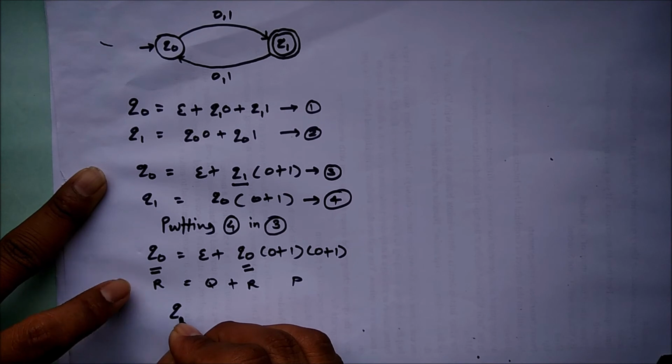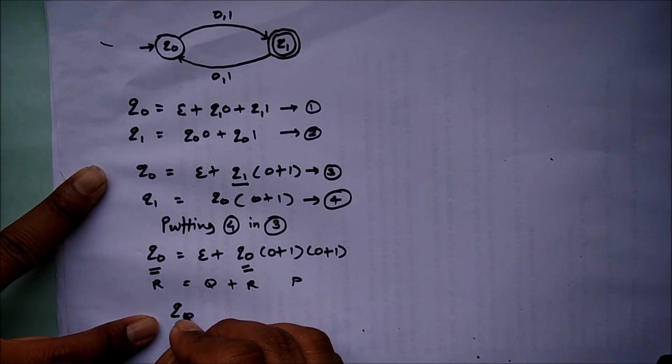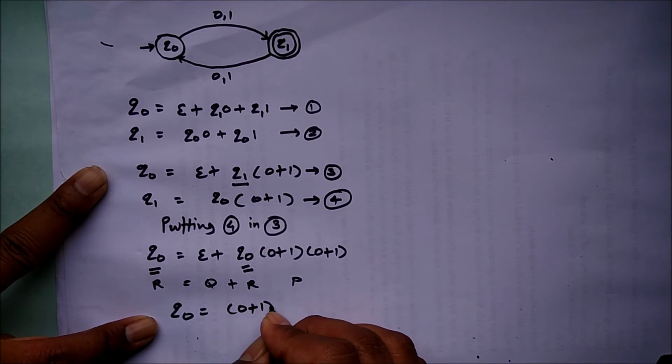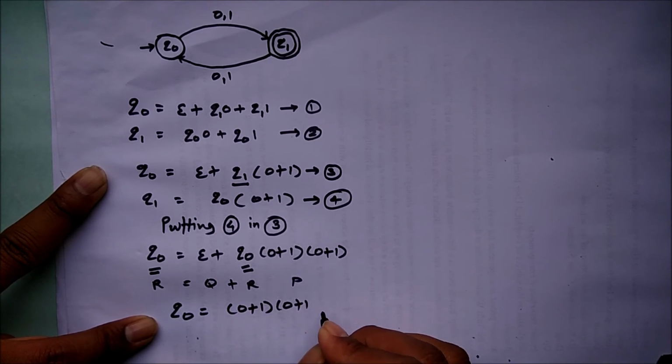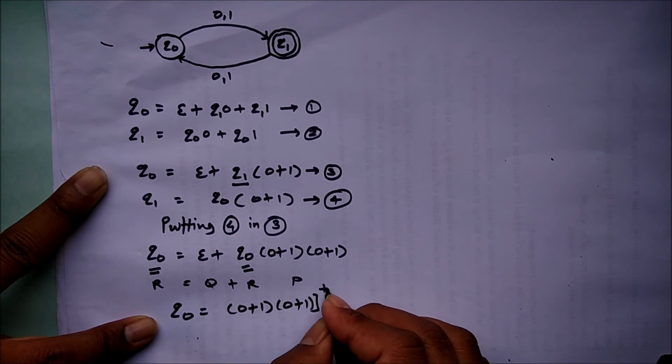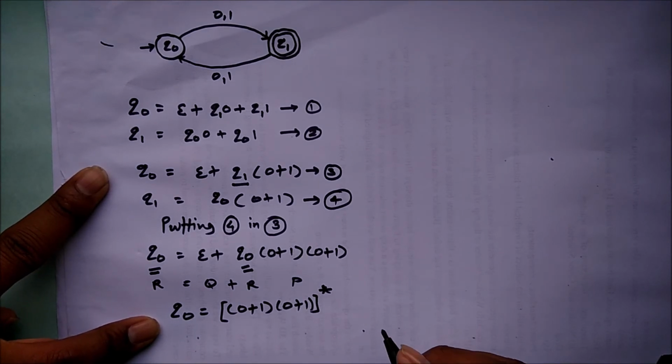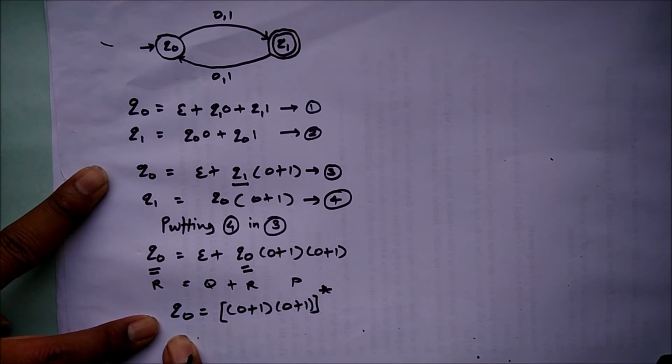So what I can write here is q0 is equal to Q, which is nothing but epsilon, into P star, that is (0 plus 1) bracket star. So this is q0, right? But we have to stop on q1 because q1 is the final state, so we can replace this q0 value in equation number 4.